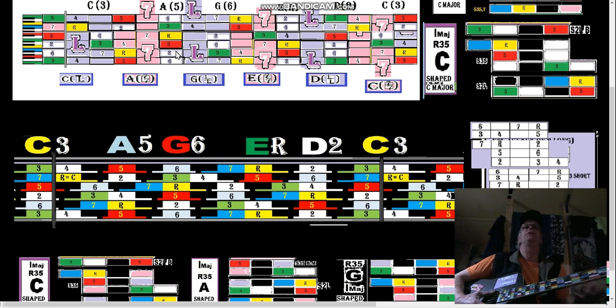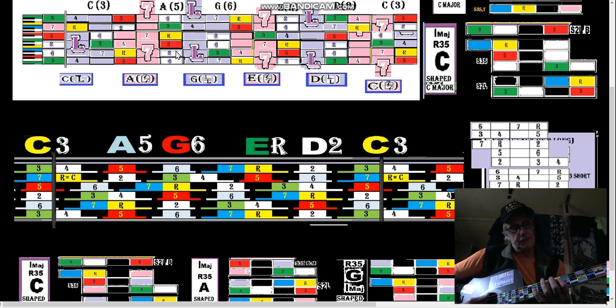So the question is, where are these notes that we're playing when we jump up to another interval? So if we go from like C to D to F to G, what is this interval from the D to the F? Well, we can look down here. It's a minor third.